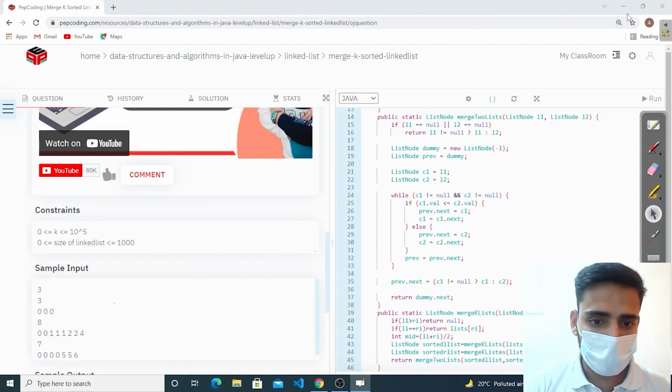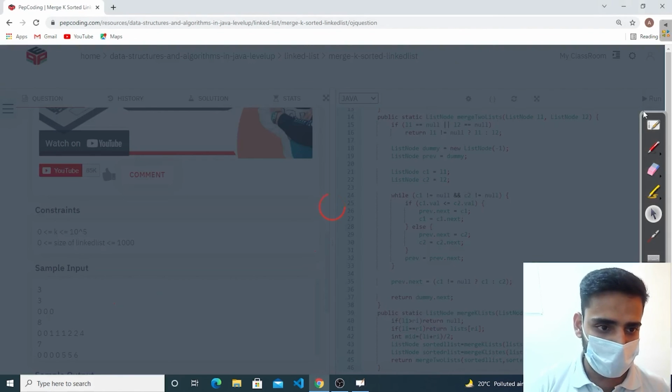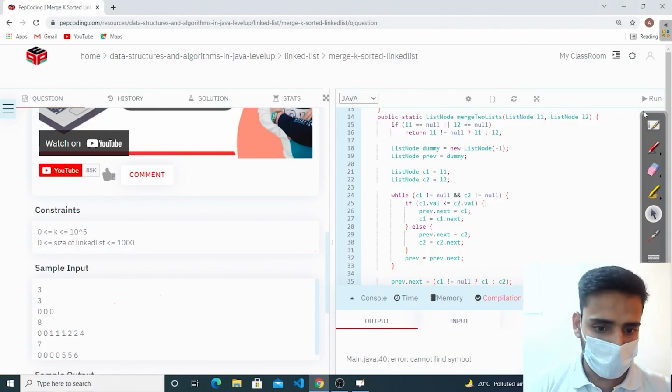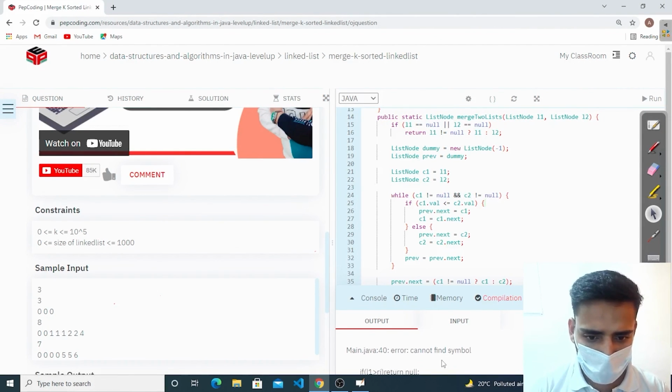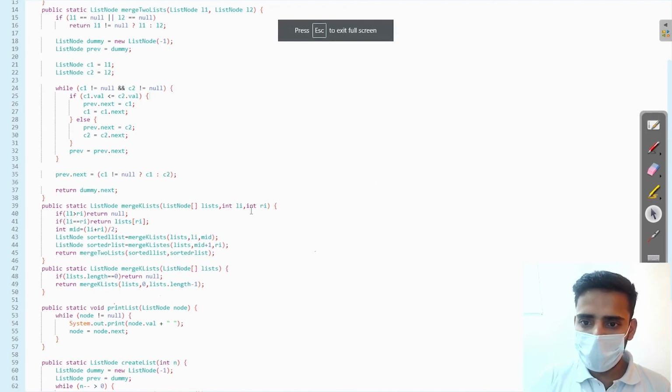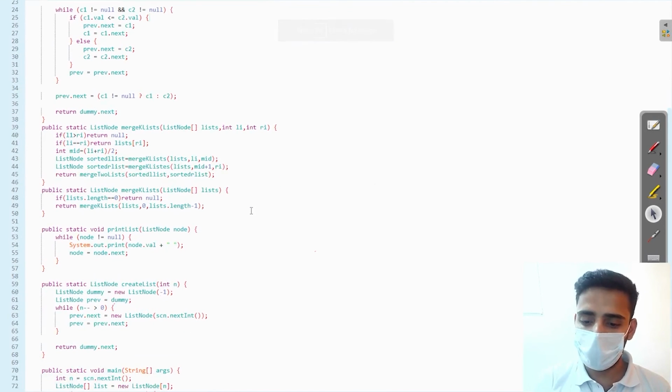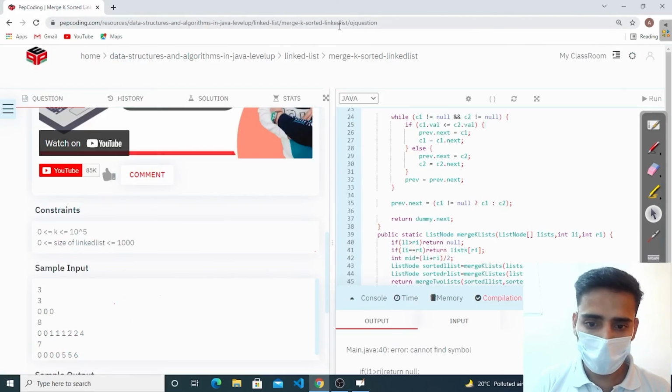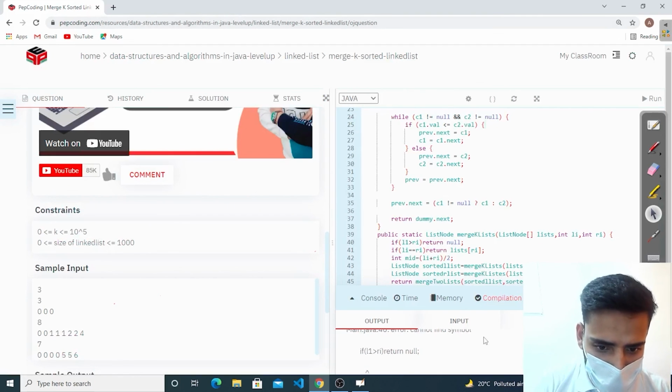Okay, so we are here, now let's run this code. I think we have some error here, let's resolve this first. Let me make it full screen, then we'll see. Yeah, we have an error like L1.